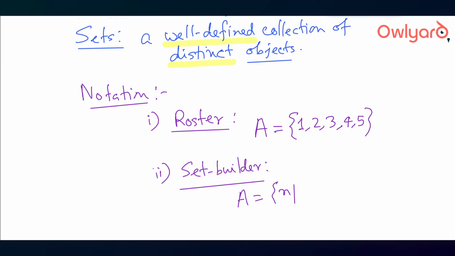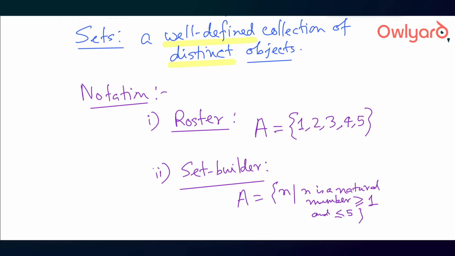So the condition on that symbol is n is a natural number greater than or equal to 1 and less than or equal to 5. So in the set builder notation, we don't have to literally specify each and every member, but you take a symbol and then you apply the condition on the symbol.